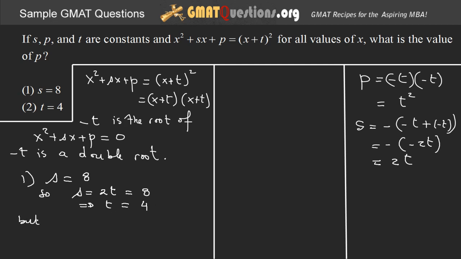But p is a product. P is equal to t squared, which is equal to 4 squared. So we have been able to find p using what we know about the product of the roots and the sum of the roots. Okay? Number 1 is sufficient.